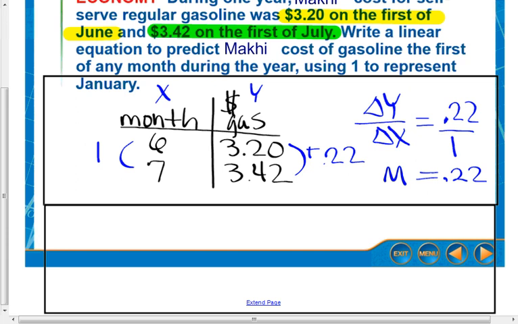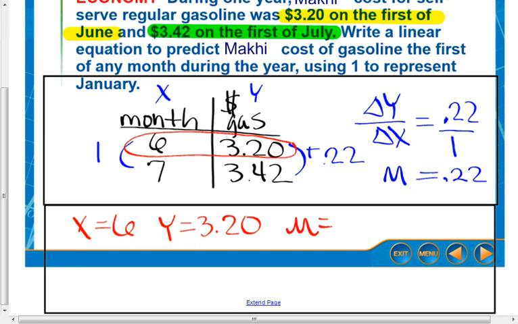Well, this is a point, right? I can say x is equal to 6 there. y is equal to $3.20. And my m is 0.22. Let's plug in y equals mx plus b. Of course, b is what we're actually solving for, right? That's our special one.